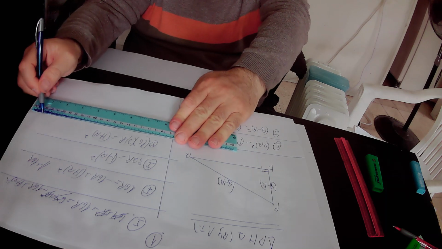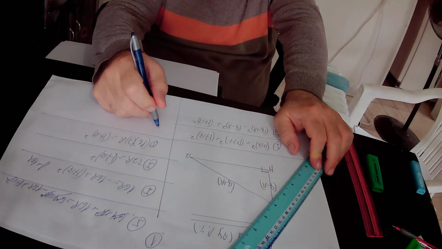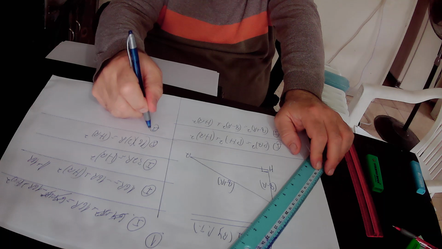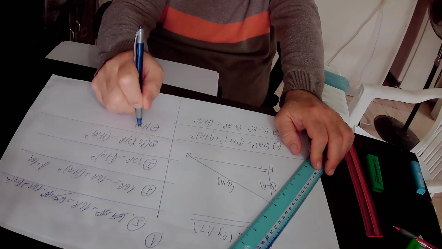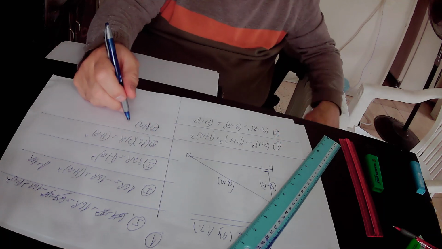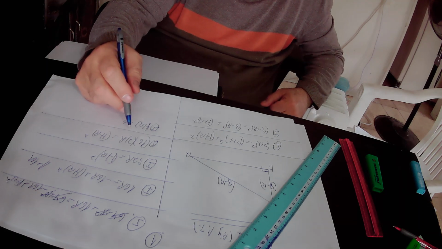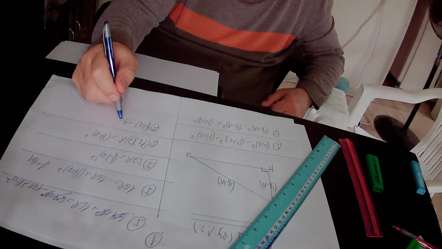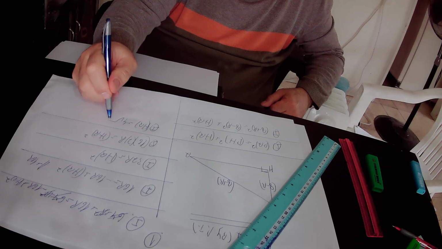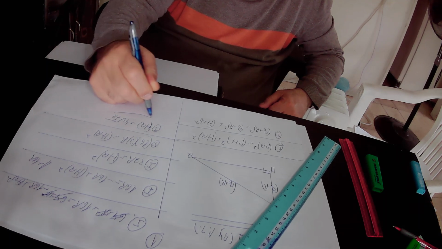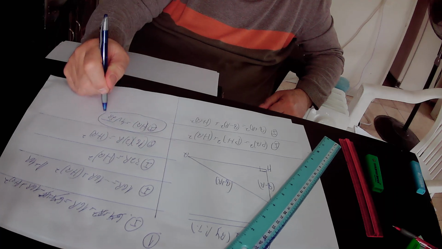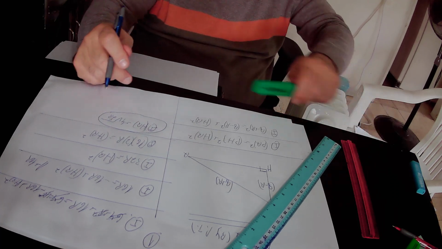Here we take a root out of this equation, and finally we get that HQ equals the square root of 16, which is 4, times the square root of 2R. So inside the root we are left only with 2R. In total we found out that HQ equals 4 times the square root of 2R.